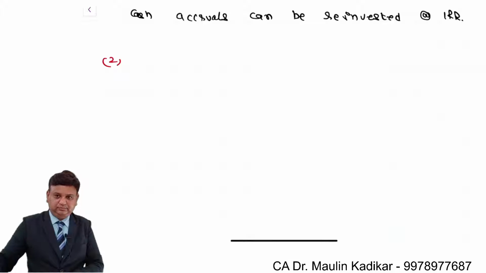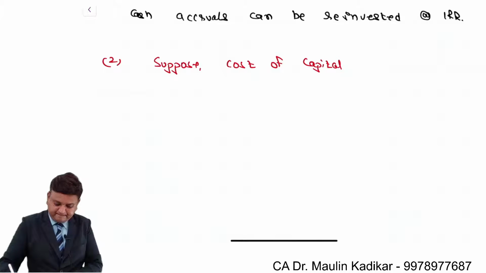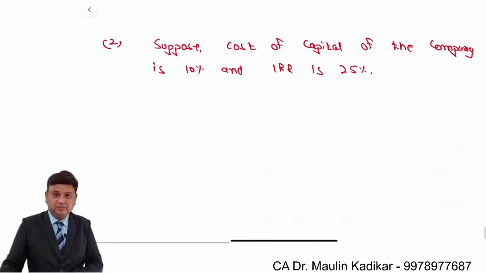Second point, suppose the cost of capital of the company is 10% and IRR is 25%.